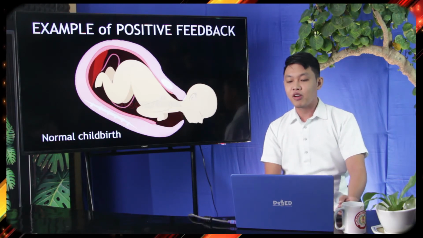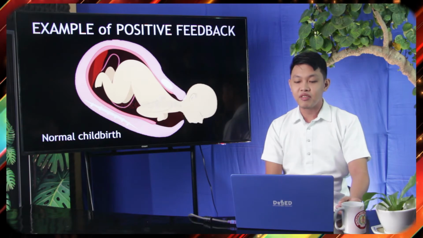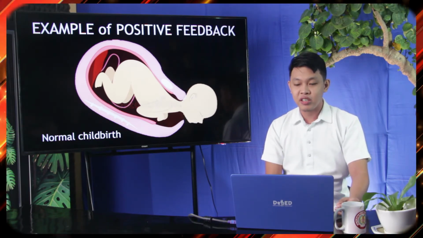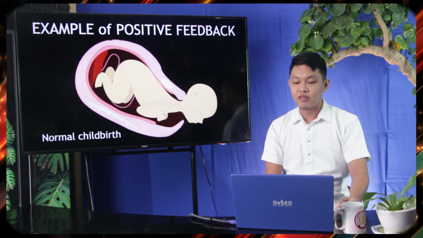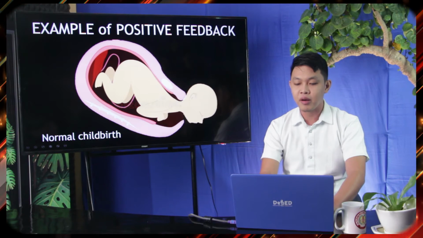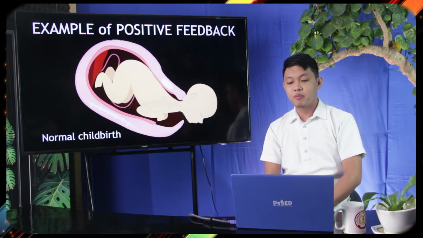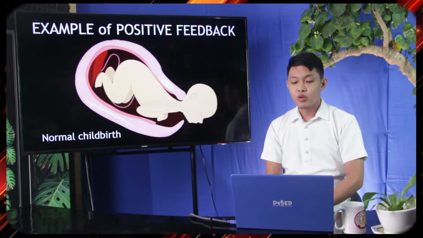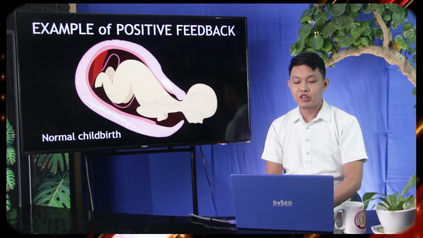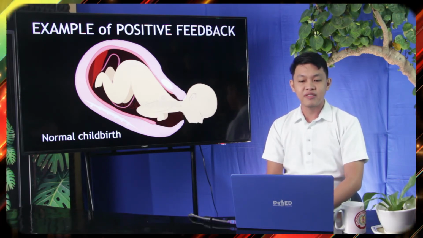This cycle of positive feedback continues with increasing levels of oxytocin, making stronger uterine contraction and wider dilation of the cervix until the baby is pushed out of the mother's body. This is an example of positive feedback because with a weaker push of the baby, the body reacts with a harder contraction and wider dilation of the reproductive system.